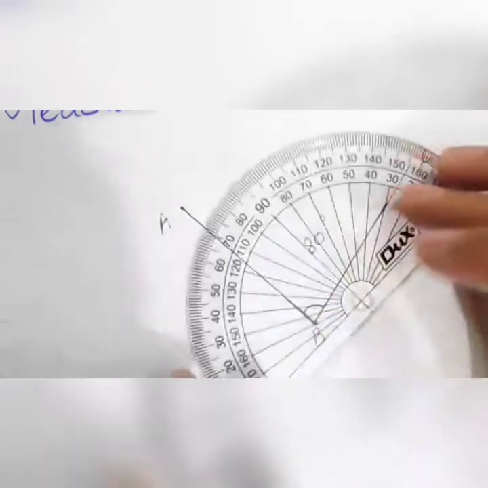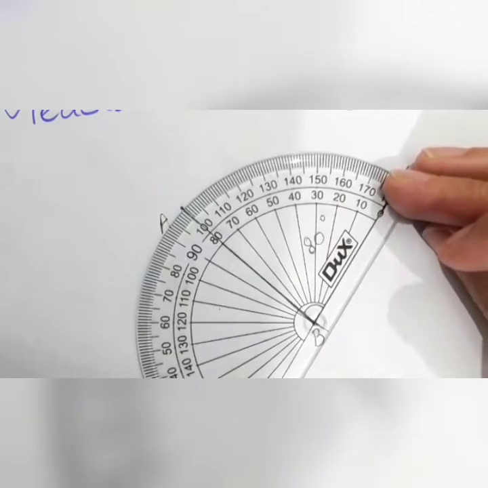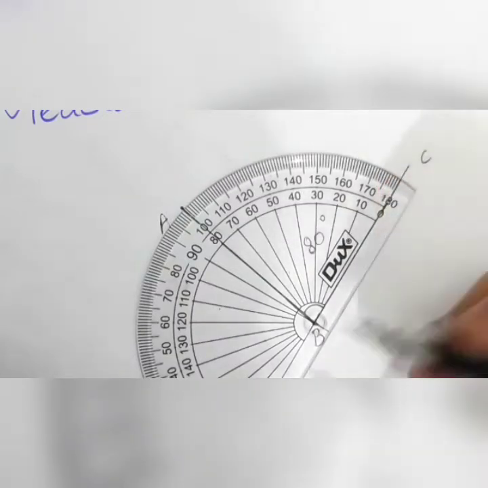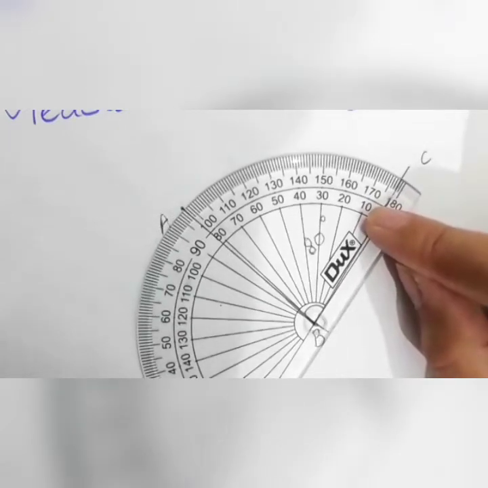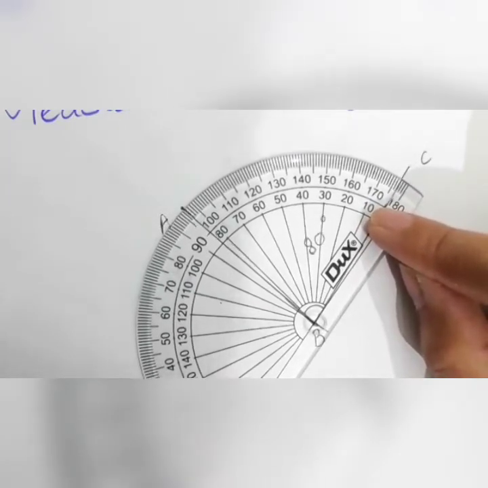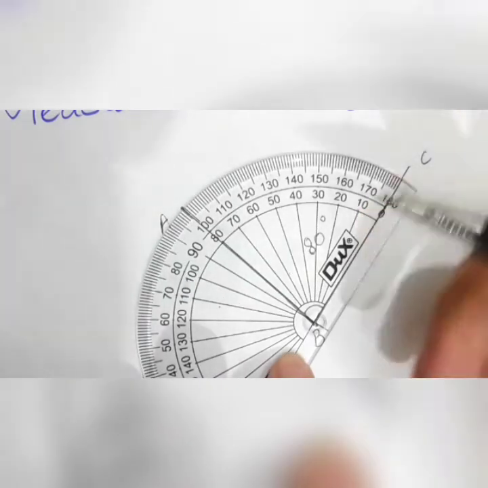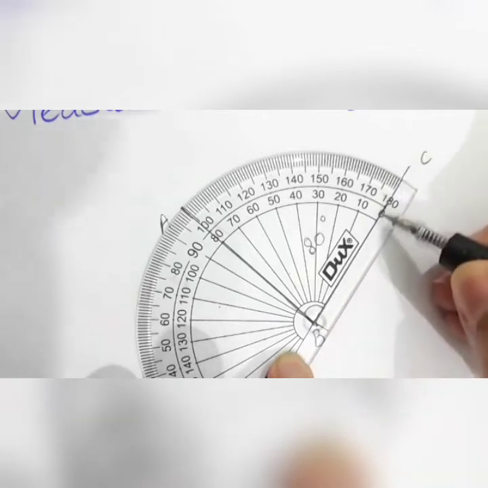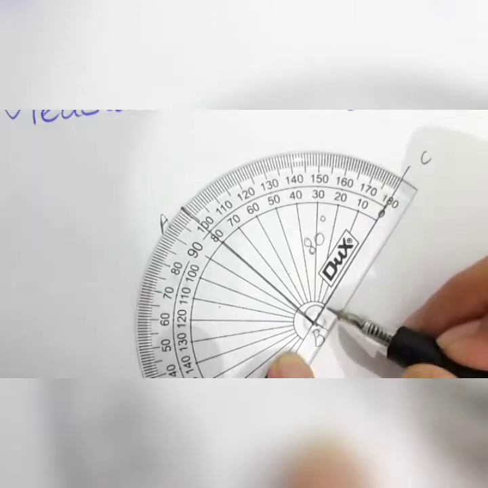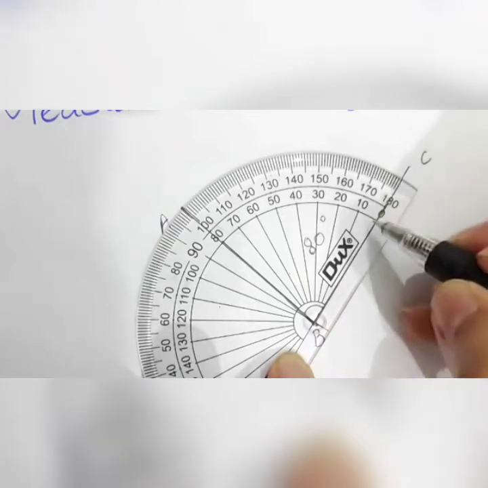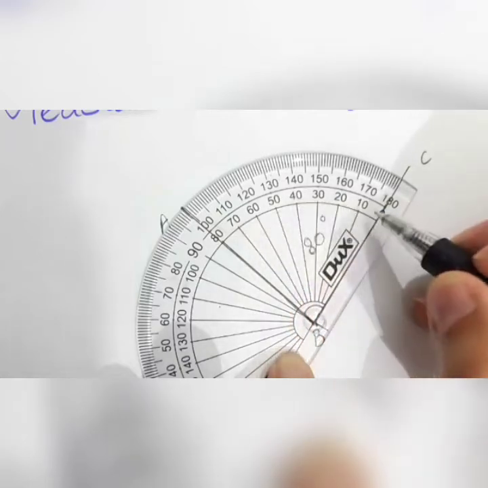Got it? And if we take this line as the baseline, the first step is to place the center of the protractor on the vertex of the angle, like this. Next, put the 0 degree mark on the right ray of the angle. See, this ray is going to the right side, so we will take the inner scale.